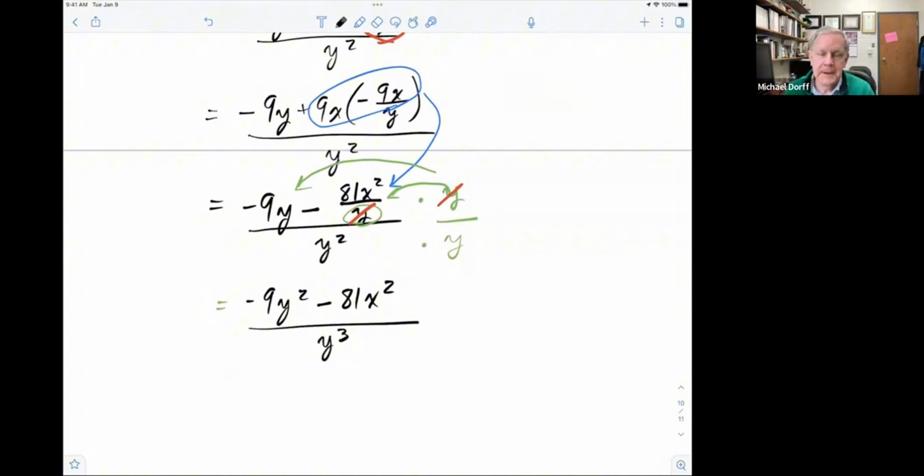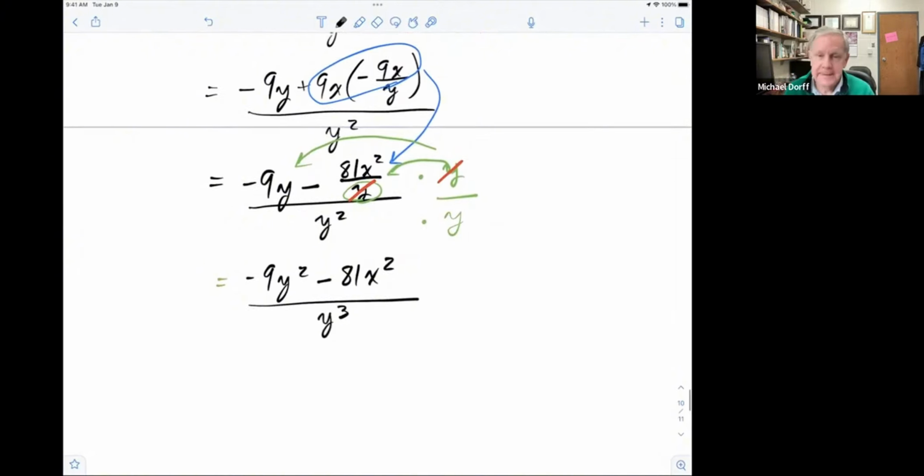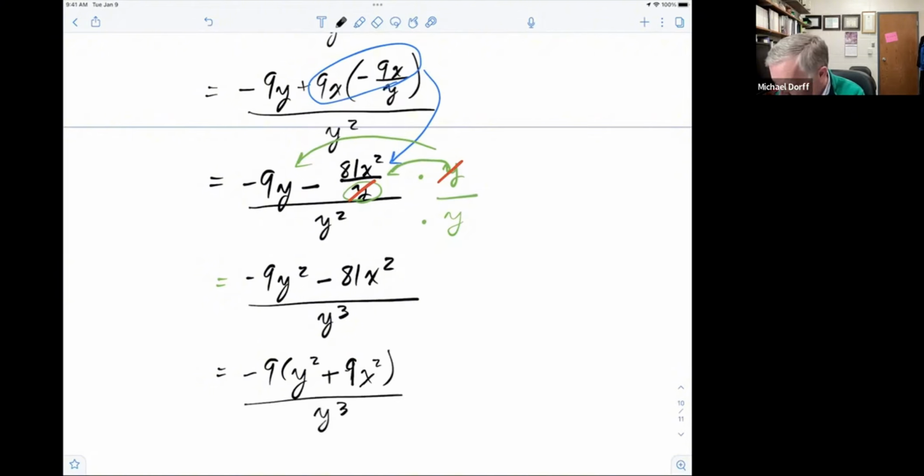Now that looks like a final answer, but as we've seen in the past, this is not necessarily the answer they have in the back of the book. So what can I do to this? I noticed that if I factor out a negative 9 from the top, I have negative 9 times y squared plus 9x squared over y cubed.